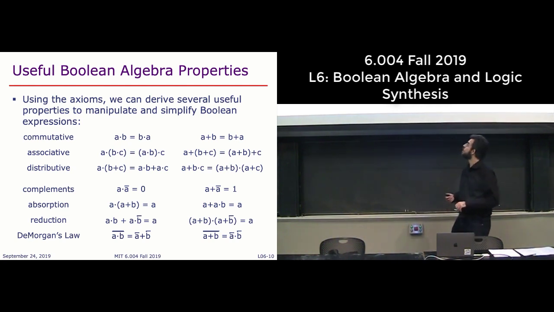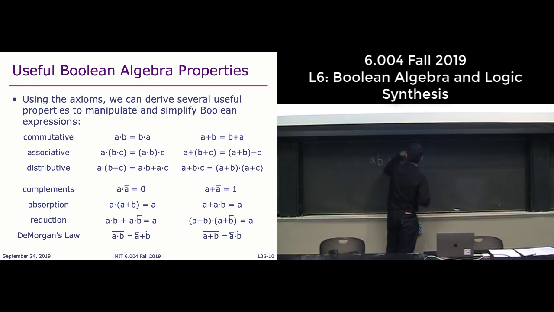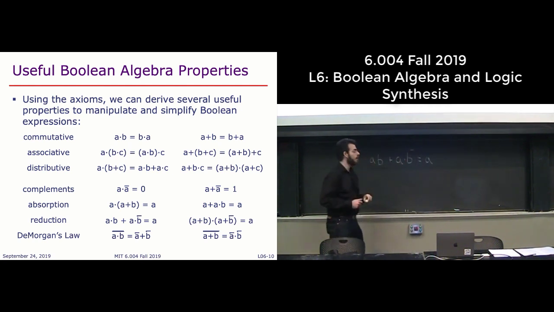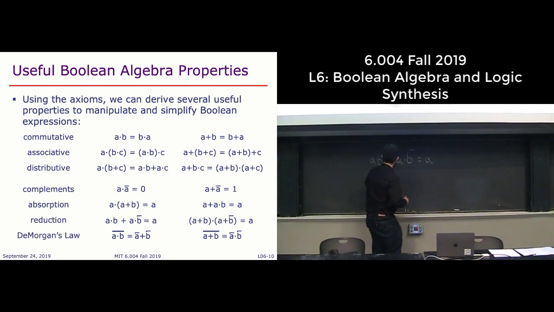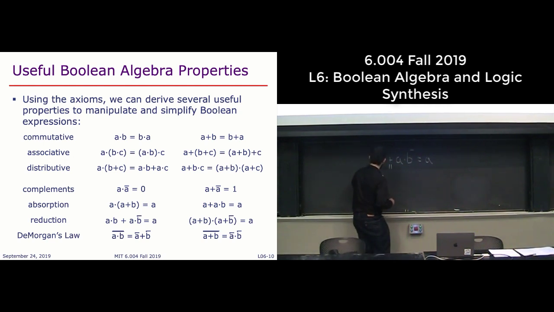And so for example, let's prove reduction, right? So we want to prove that A and B, or A and not B is A. How do we go about this? Well, thanks to the distributive property, this is equal to A and B or not B, right?